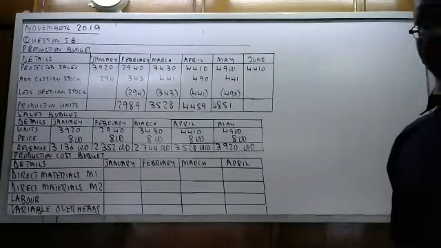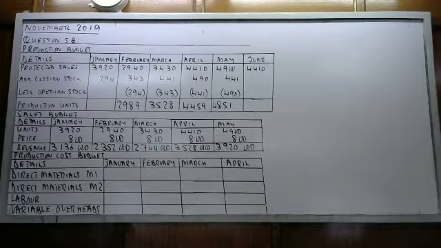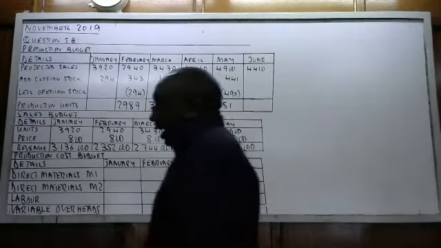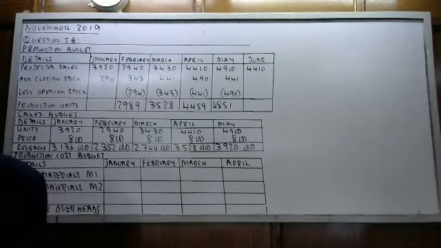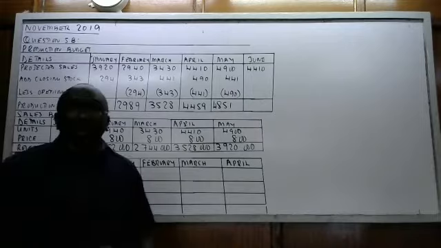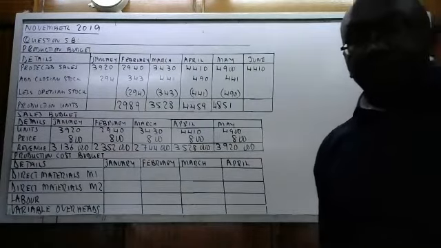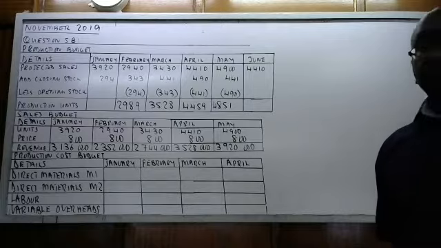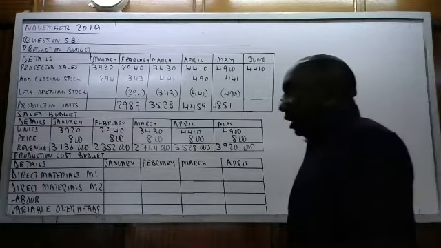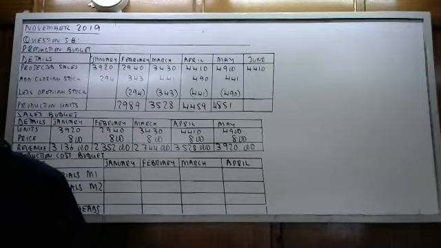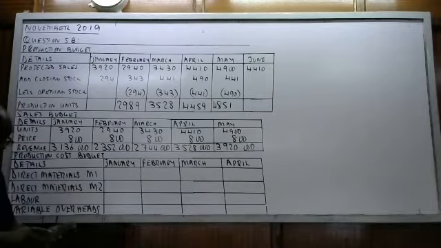So what we do now is those costs that are given there. Monica, umemaliza kuchora hiyo table ya production cost budget? Okay, then we can go together easily. You can see for material 1 it is 40 shillings.